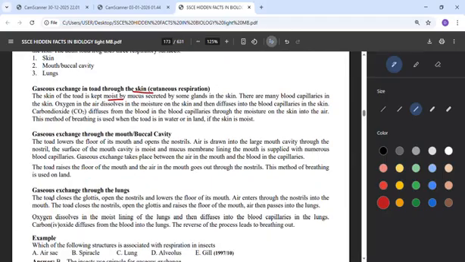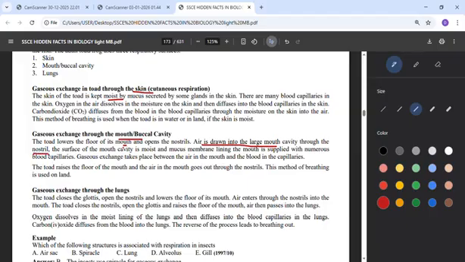Now gaseous exchange through the mouth or buccal cavity. It means they can also open their mouth, or the toad lowers the floor of its mouth and opens the nostril. So they bring their mouth down, open their nostril, and air will be drawn into the large mouth cavity, following the nostril.